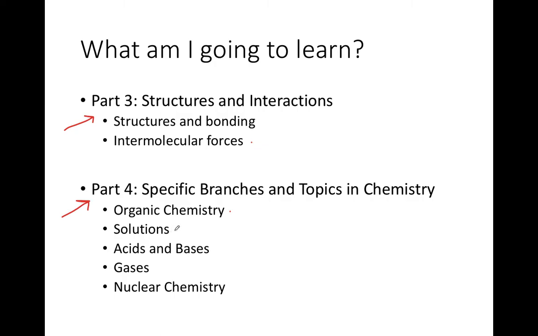Typically that's organic. We'll also be looking at different types of solutions in chemistry, acids and bases, gases, and then nuclear chemistry. So all of these different unique topics, once we build our foundation, we can then talk about these different specific branches and topics that we'll see throughout Chem.